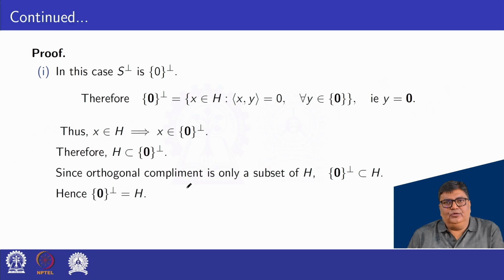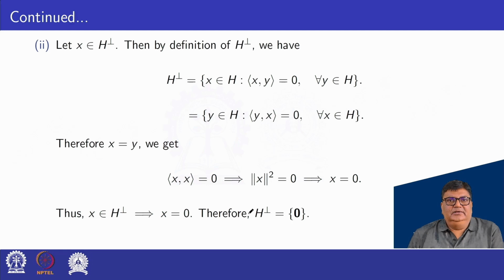Since an orthogonal complement is only a subset of H, the perpendicular of the singleton set 0 is a subset of H. Hence the perpendicular of the singleton set 0 is equal to H.